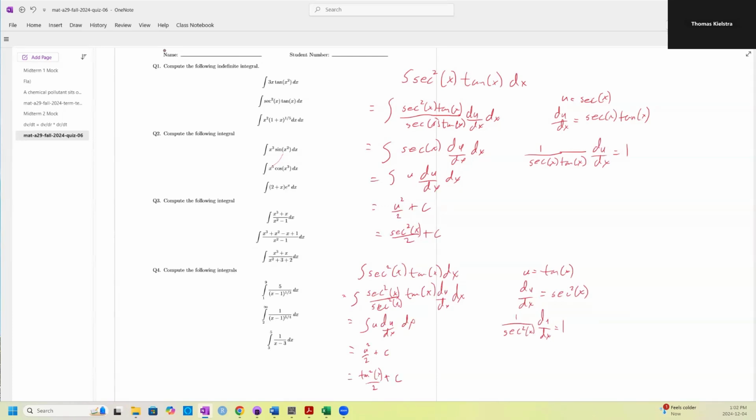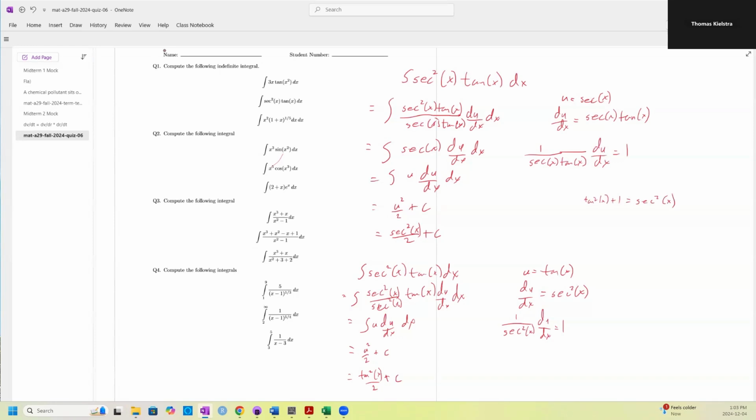Now, secant squared x over 2 plus c and tan squared x over 2 plus c, but tan squared and secant squared aren't equal to each other. Well, why does this work? Well, we have that tan squared x plus 1 equals secant squared x.